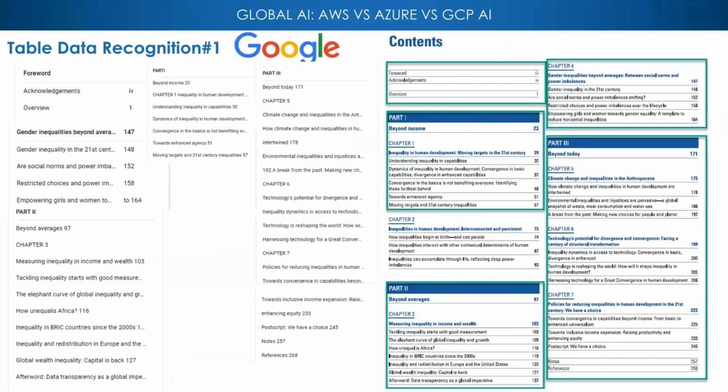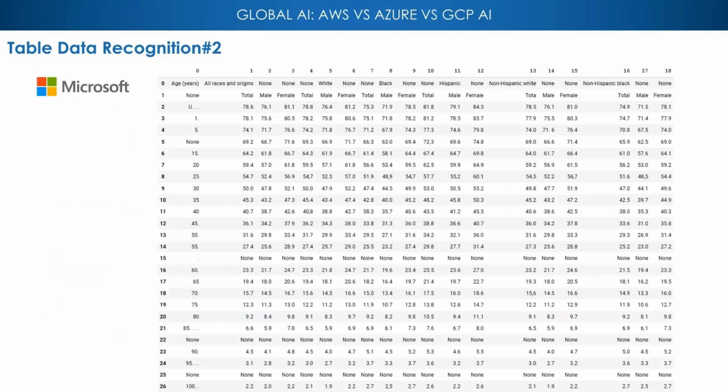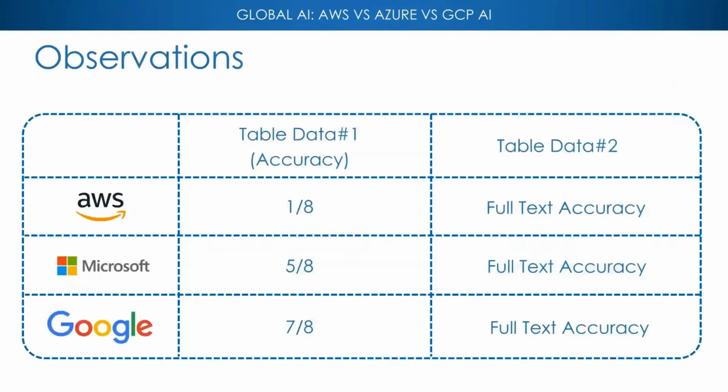And then finally, table recognition. This looks really hard, but it's actually really easy to do, especially with computer vision, because most of it is just numbers. And that happens to be the easiest thing out there. If you've ever done MNIST or something similar, you know that the success rate is pretty high, and you will notice that in the results. Number 2, all of them got full text accuracy.